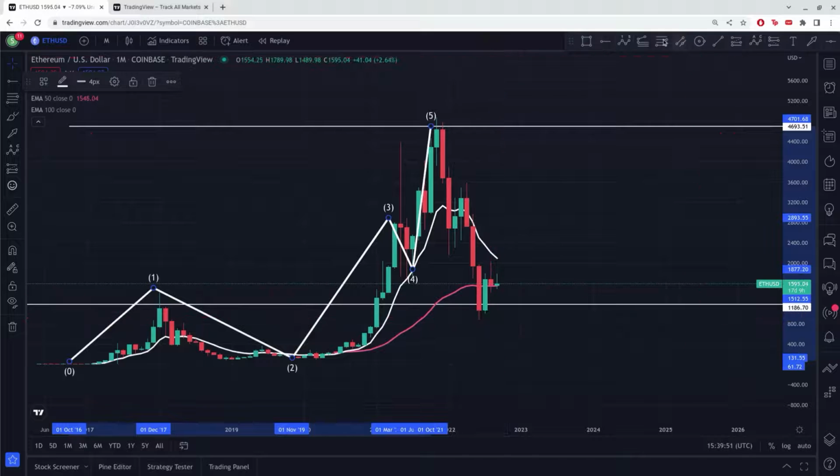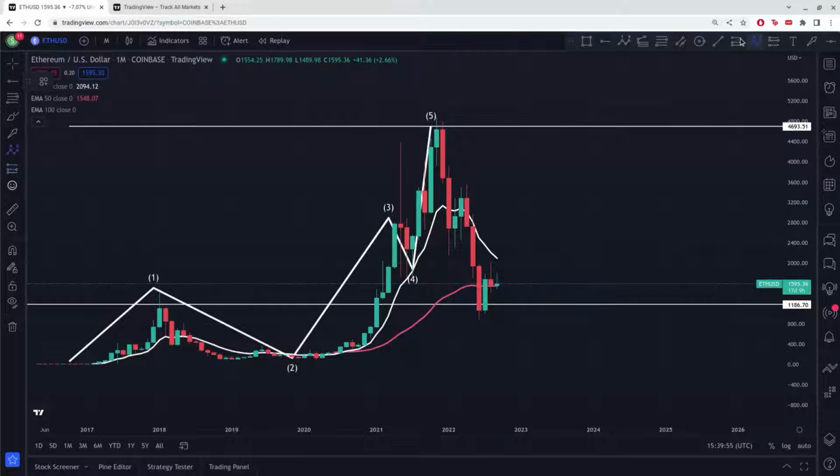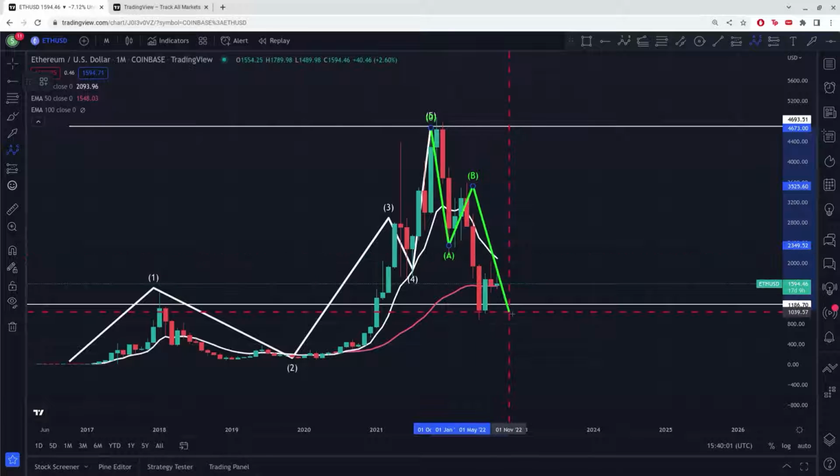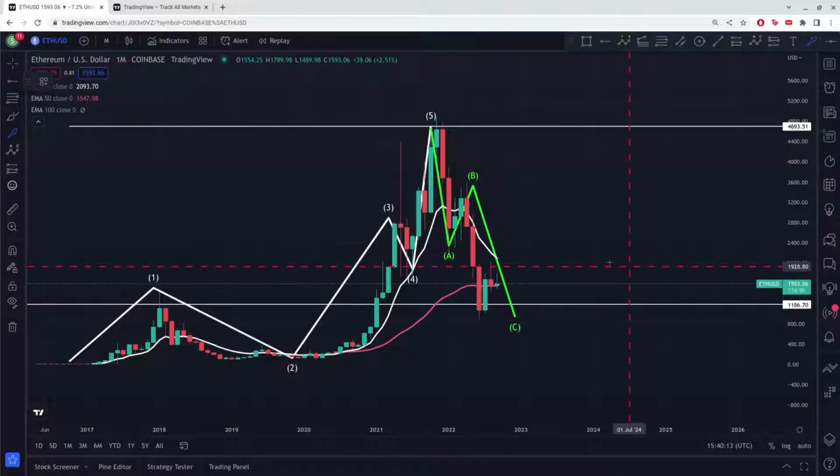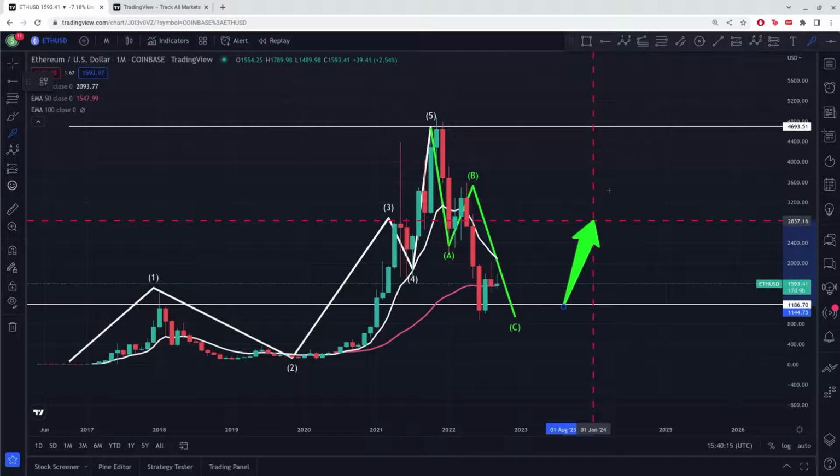If this is a retracement, what we should expect will be a three-wave pattern, which will be A, B, and C. And at the end of this C wave, which is a five-wave pattern, what's going to happen next will be a massive bullish move that will lead to the break of this structure.